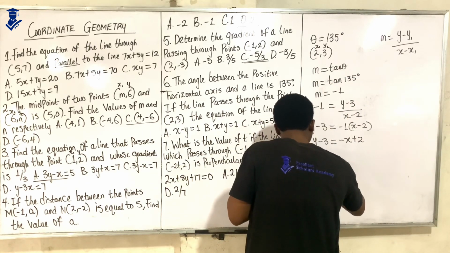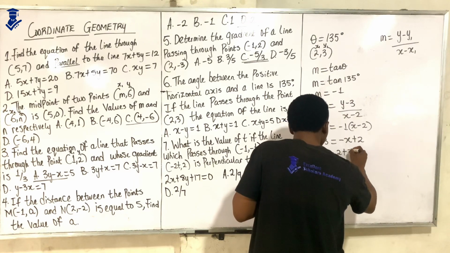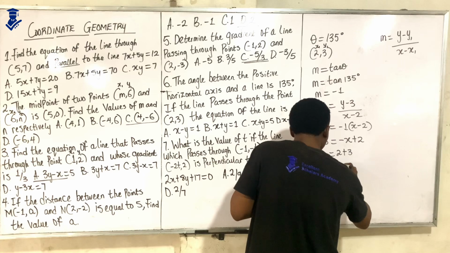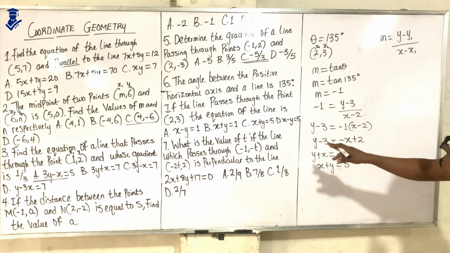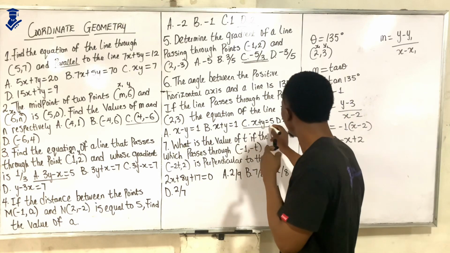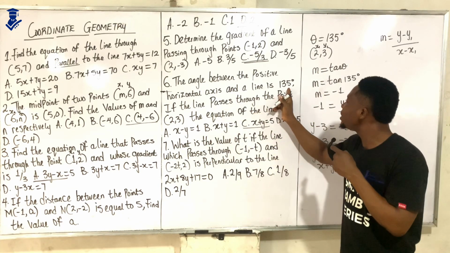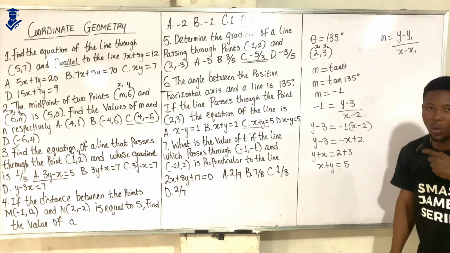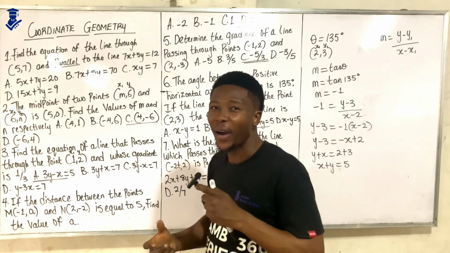So it becomes y plus x is equal to 2 plus 3, which you can also write as x plus y is equal to 2 plus 3, which is 5. Now, this answer correlates to option C. So option C is our answer. The equation of the line with this angle and passing through this point is x plus y is equal to 5.